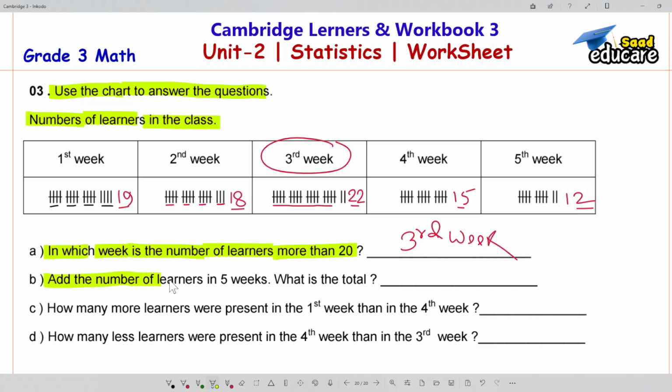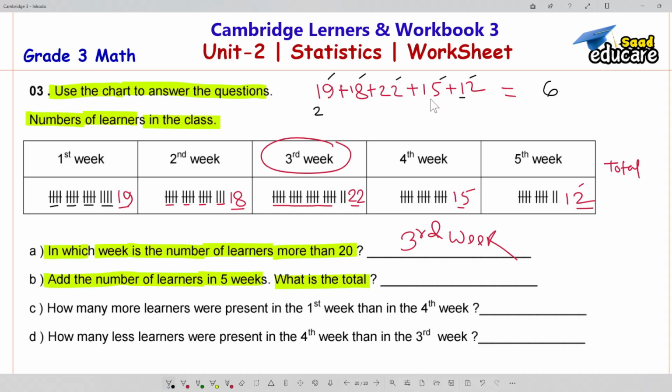Next, the number of learners in 5 weeks, what is the total? So we have to calculate the frequency total, right? So we can make summation. So first we can write here like that, 19 plus 18 plus 22 plus 15 plus 12, right? So we can calculate. First 2, 5, 7, 7 plus 2 is 9, 9 plus 8 is 17, 17 plus 9 is 26, it means 6, carry 2.